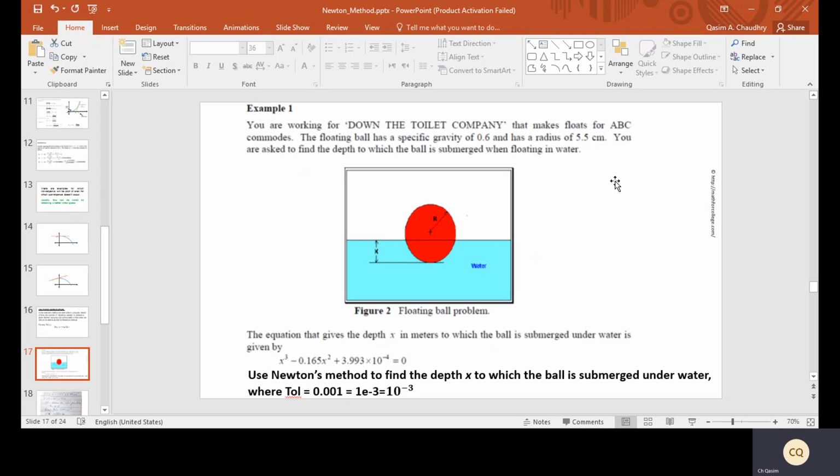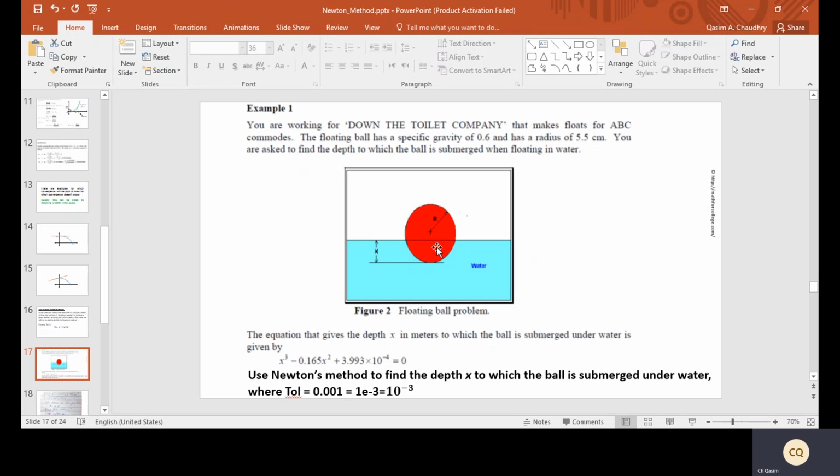If we are considering the depth to be x, then we need to find the value of x such that this ball is submerged when floating in the water. So this is here in this figure. You can see this is your x here, and this is submerged in the water when it is floating. So definitely it is not just on the surface of the water.